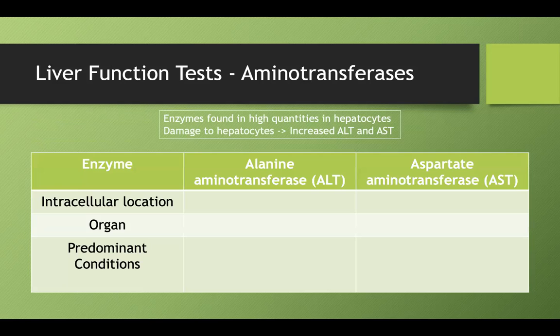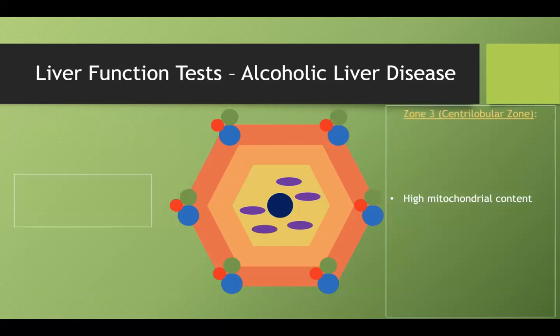I put this chart here to differentiate the differences between ALT and AST. So ALT is an enzyme that often exists in the cytoplasm, whereas AST exists more so in the mitochondria. And why this matters is that if we think about a very common mitochondrial toxin, alcohol, that's going to affect AST levels more than ALT levels because it's in a higher concentration in this region.